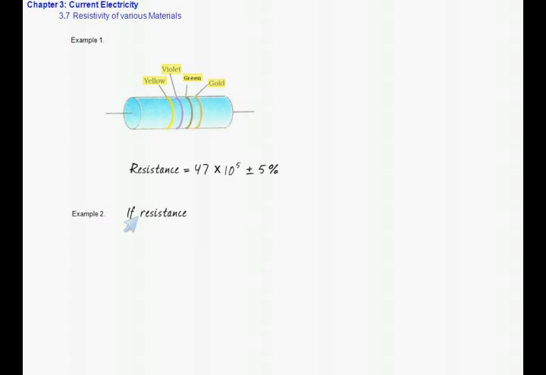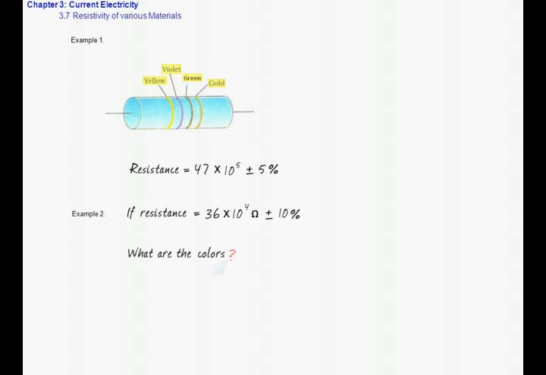If resistance is given, we can find out the colors. Resistance is given here, 36 into 10 to the power 4 ohm plus minus 10%. Then what are the colors?